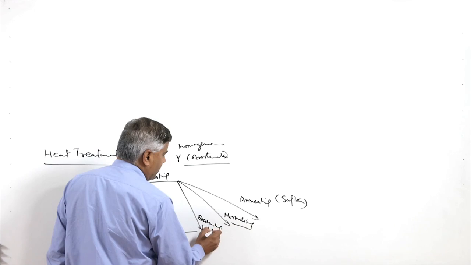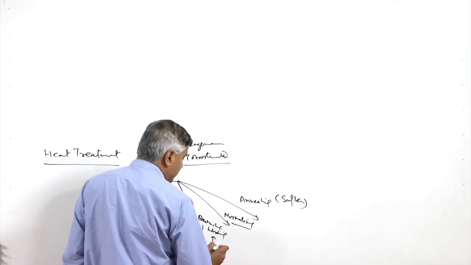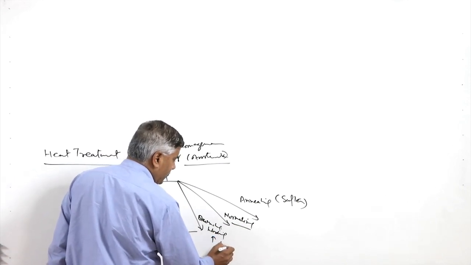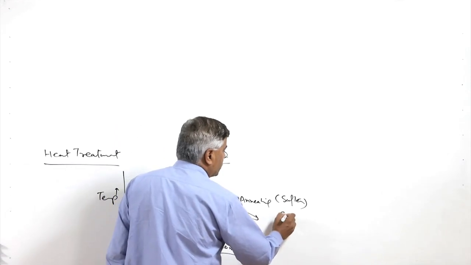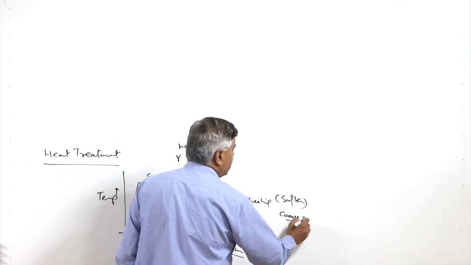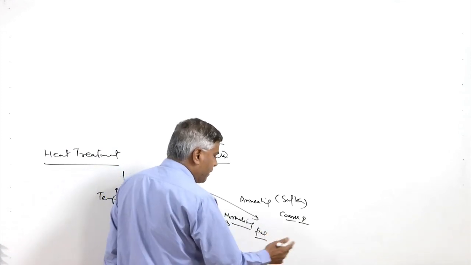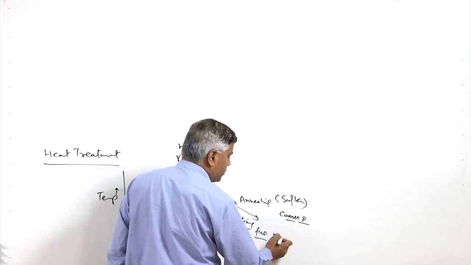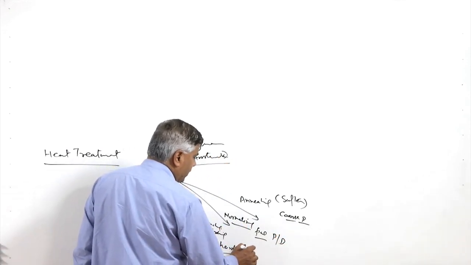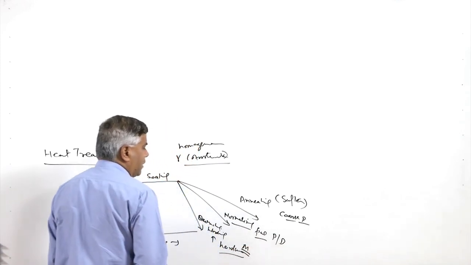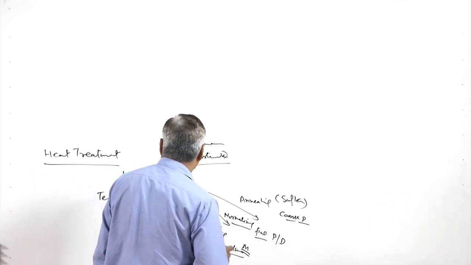or this is also known as hardening, the purpose of which is basically to achieve high hardness and increase the strength. So, very coarse perlite is produced when annealing is performed, and fine perlite and fine bainite are produced when normalizing is performed, while the target is to produce martensite, which is very hard, so that the strength and the hardness of the steel can be enhanced.